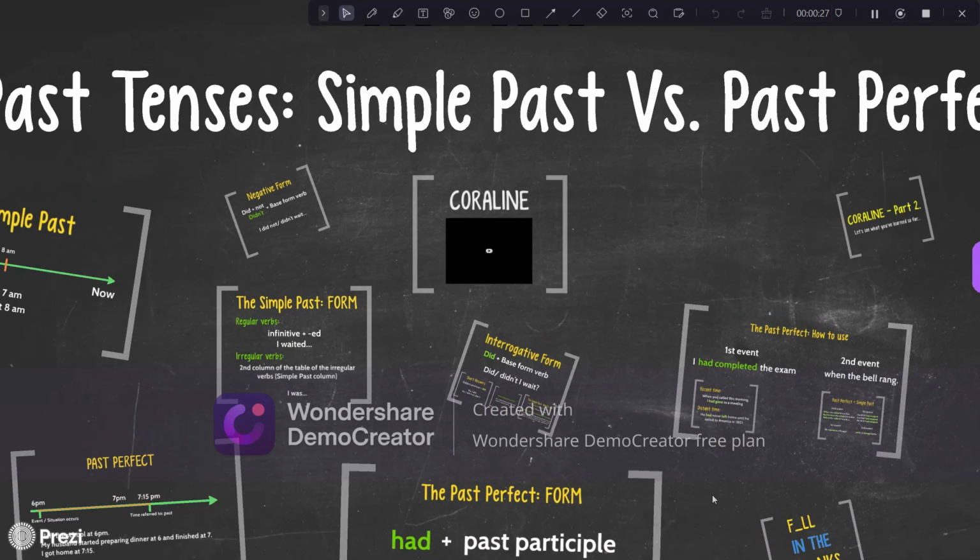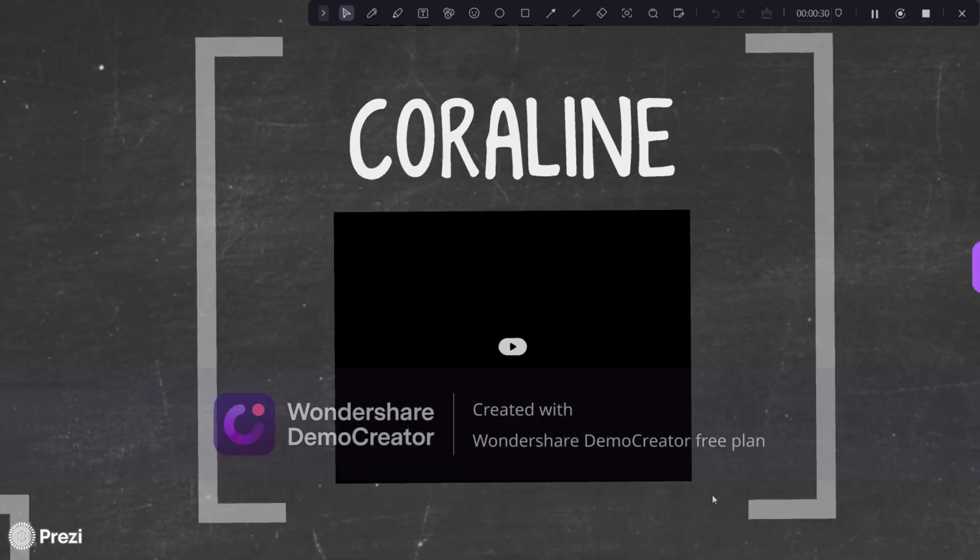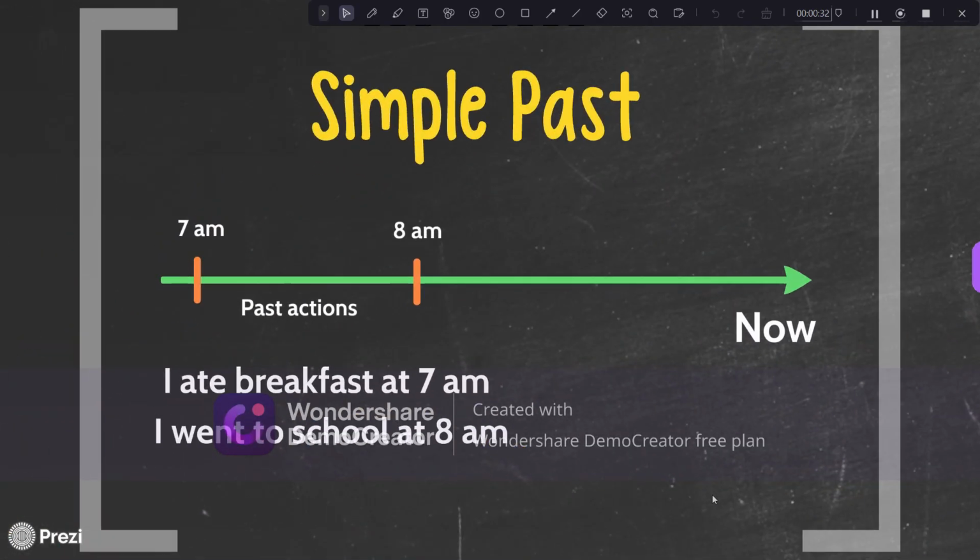So first, let's start with the past simple. Initially, simple past or past simple talks about actions started in the past and finished, but at an unspecific time.